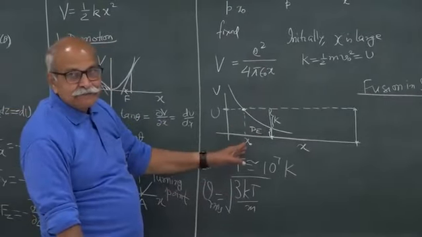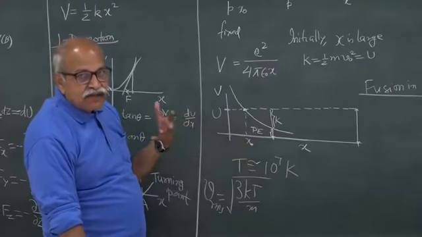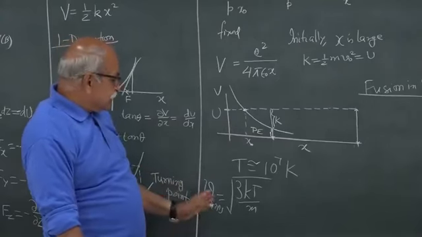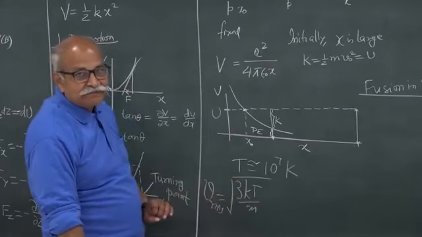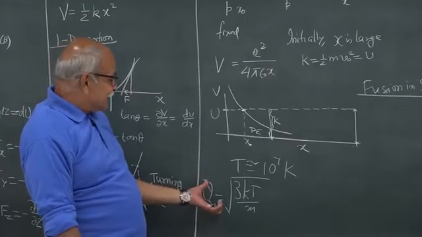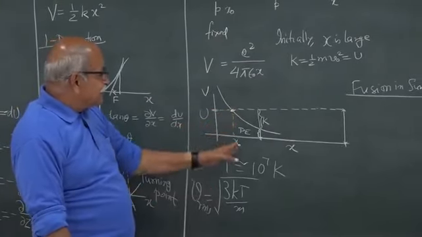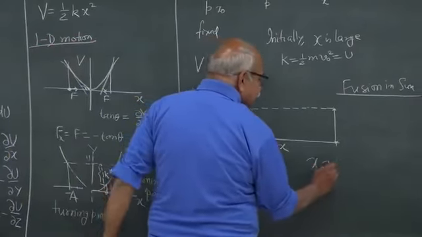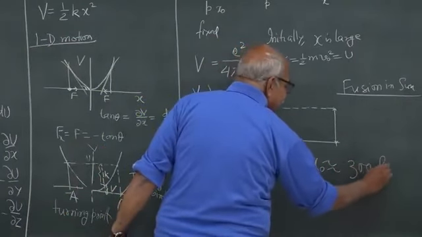Different protons are of course moving with different velocities, but this is the average kind of thing, some kind of root mean square. If you take this as the velocity, calculate the kinetic energy and find x naught, it turns out to be a few hundred femtometers, say 300 femtometers.